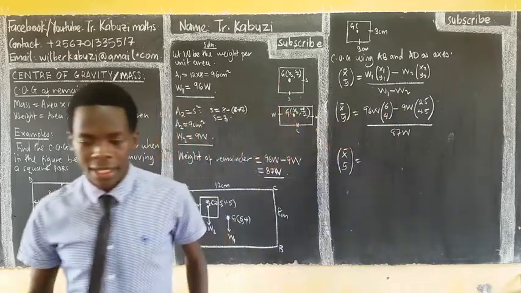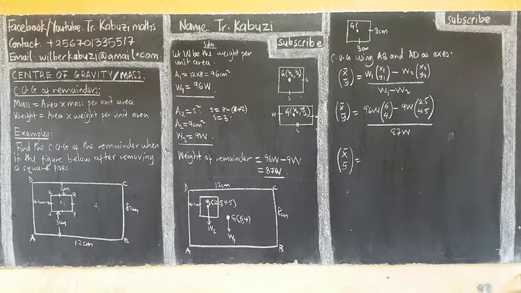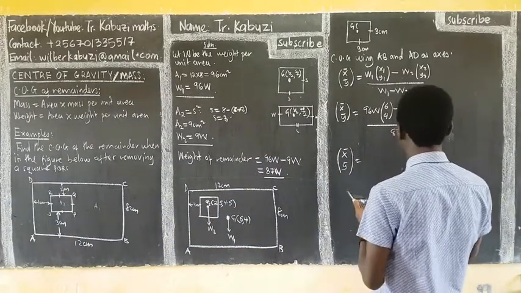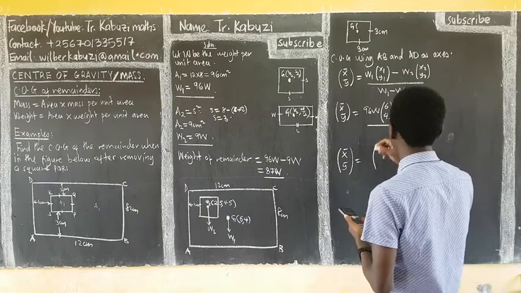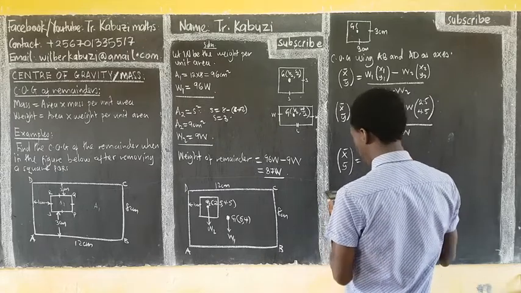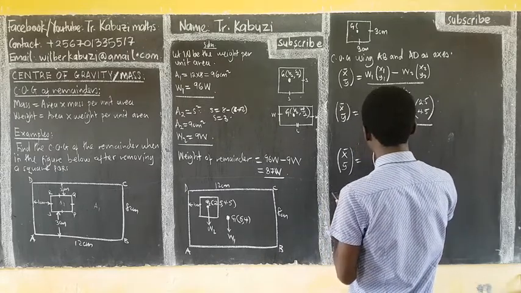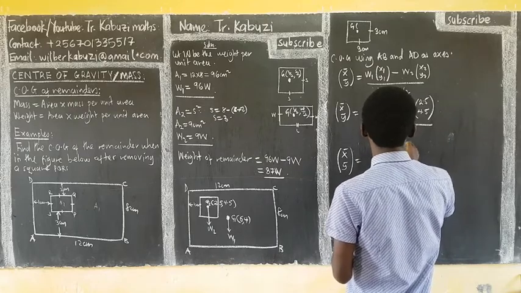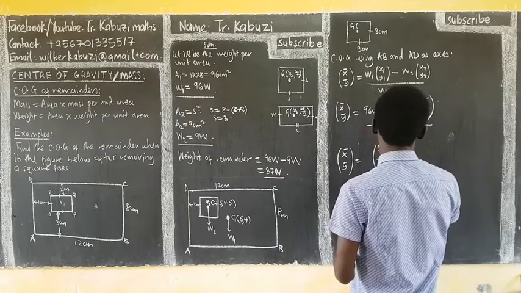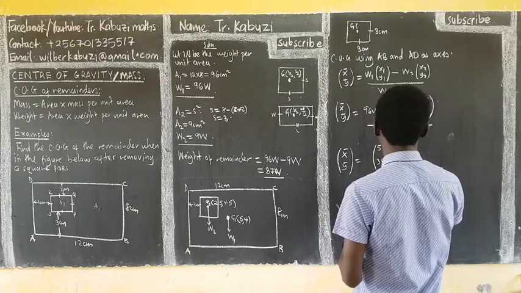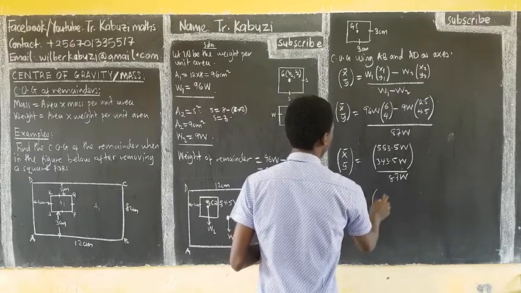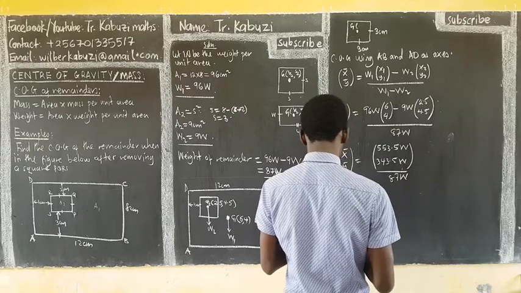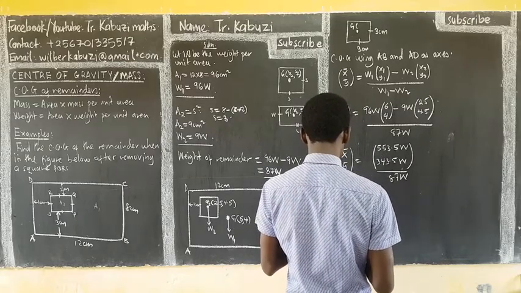So let me put it. The upper part is giving me 5, 3, 4, 8, 5. Then the lower part is 3, 4, 3.5 W, all over 87 W. And so from here, for my x bar, y bar, we divide this by 87.